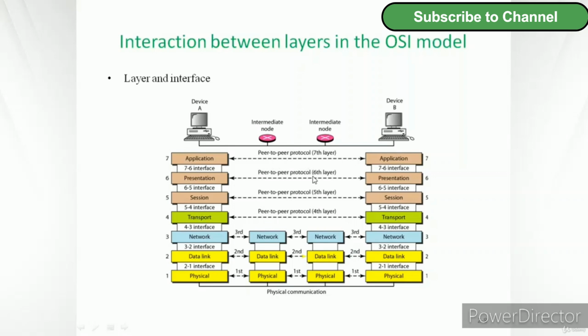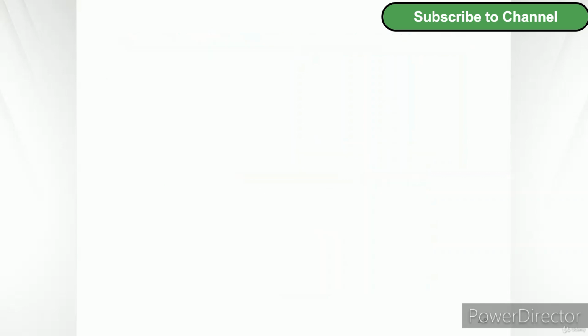It is defined which primitive operations and services the lower layer offers to the upper layer. The set of layers and protocols is called the architecture. So if they ask you to draw the architecture of the OSI model, you should be able to draw this diagram and explain it. So this is the interaction between the layers of the OSI model.